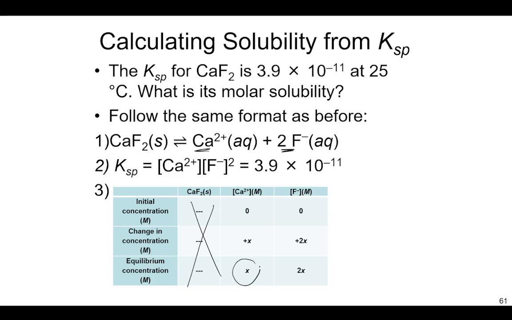Now I plug these equilibrium concentrations in. For calcium it is x, for fluoride it is 2x, and my expression for K shows that it's squared for fluoride. So 2x squared is 4x squared, and then I have this other x out front.